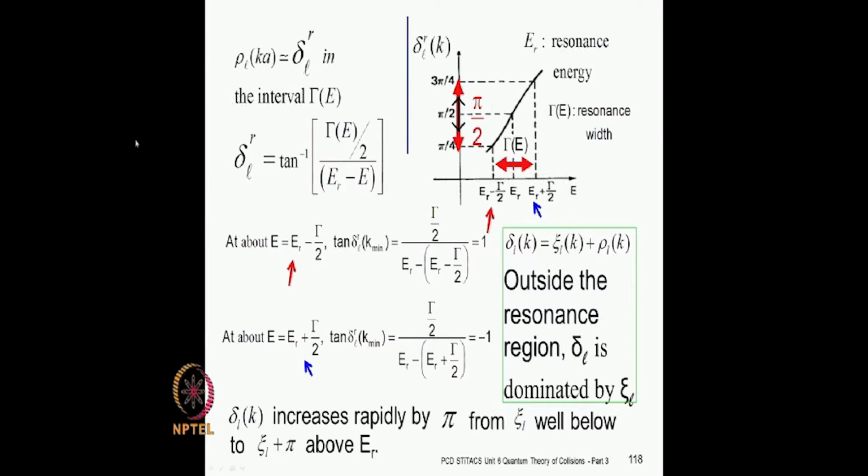And in the resonance region, the net phase shift will go through pi as you go from well below the resonance, which is here, to well above, which is here. So you have pi by 2 variation in the immediate vicinity of the resonance, and a quarter of a pi below that and a quarter of a pi above that. So the total variation of the phase shift is pi.